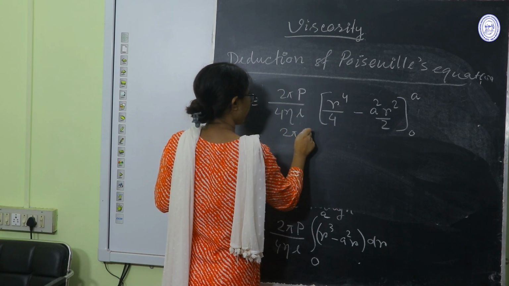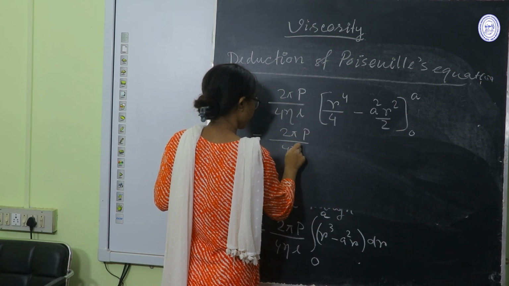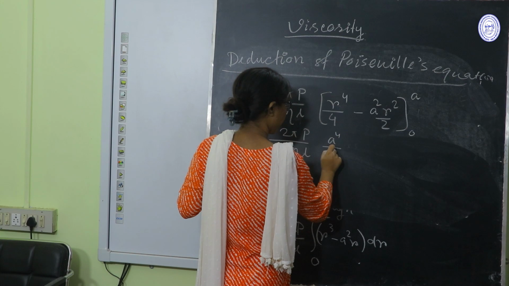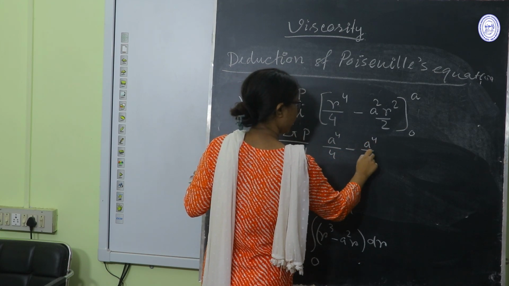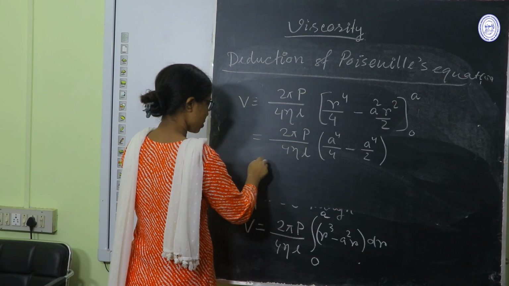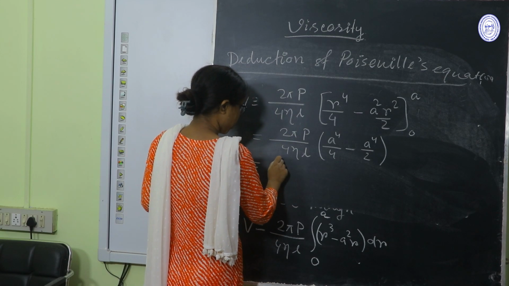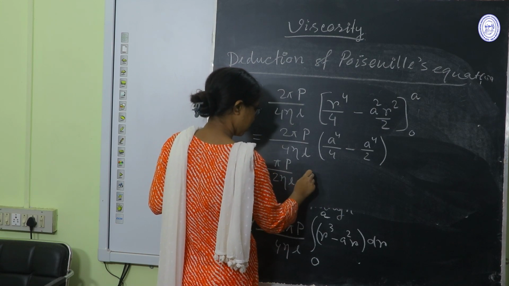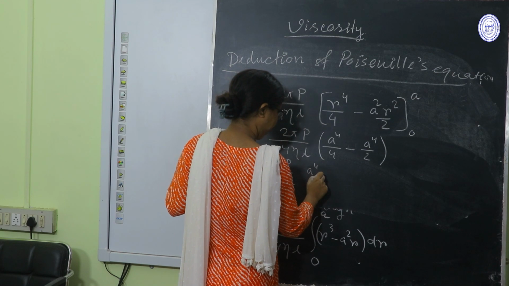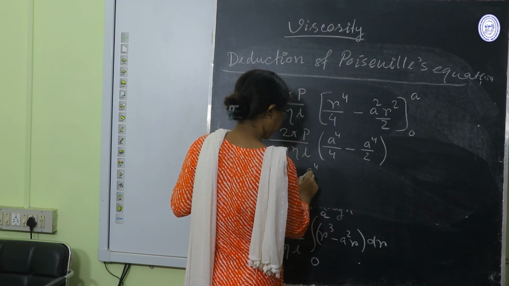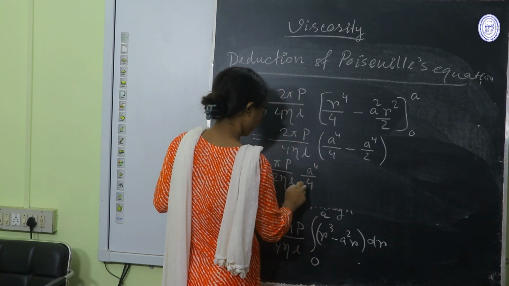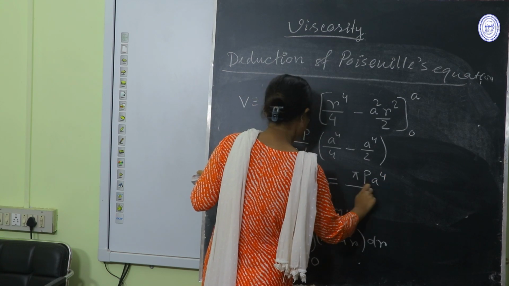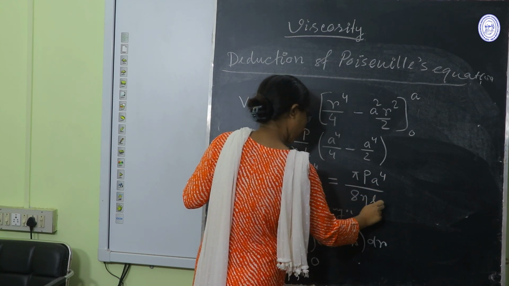Putting in the limits, a to the power 4 by 4 minus a to the power 4 by 2, so we get pi P a to the power 4 by 8 eta L.